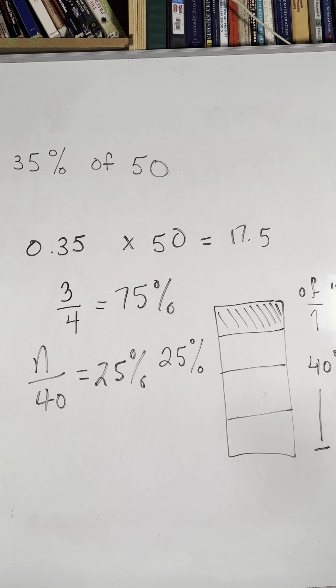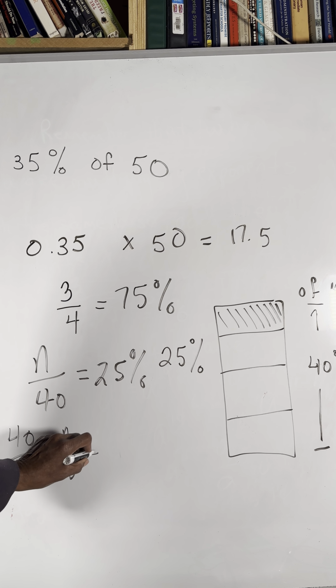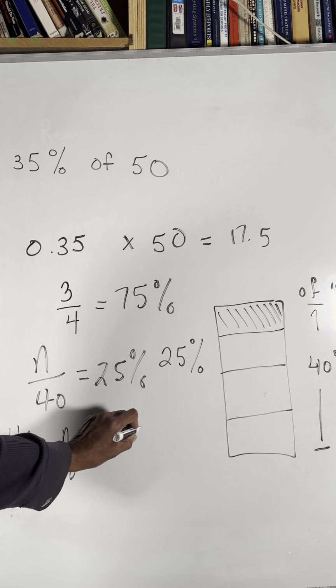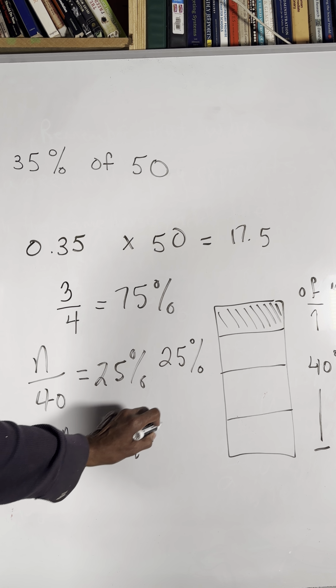The indicated operation in this case is division, because n is being divided by 40. The opposite of division is multiplication. Being that this is an equation, what you do to one side, you must do to the other side. So you would say 40 over 1 times n over 40 equals 25% times 40 over 1.